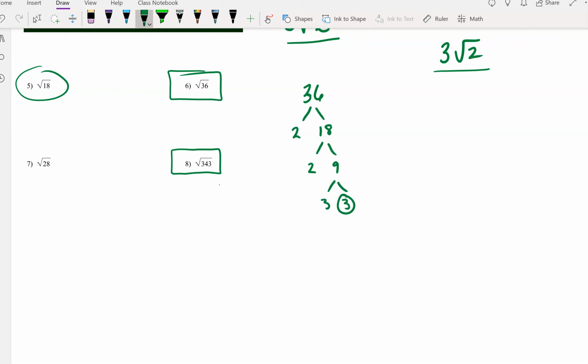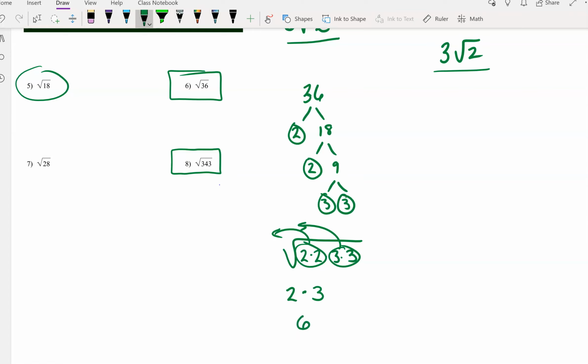And these are our prime factors. And you see if you have them in pairs, when you're simplifying a radical, remember we can bust out those pairs. So one of the 2's comes out, one of the 3's comes out, and our answer is 2 times 3 or 6.